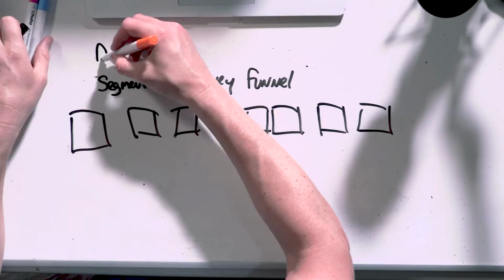When you do a segmentation survey funnel, you're going to get your segments from when you're doing your discovery, right? You're learning about the user. You're figuring out what it is that these people are about. You're starting to understand them, right? Now, that's important. So you have your discovery.